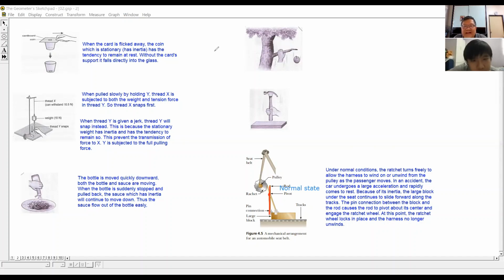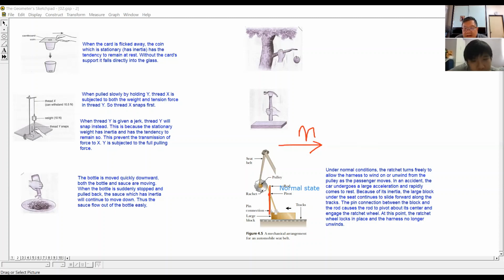Now, when an accident happens or when the car is suddenly stopped, the car is actually moving in this direction.